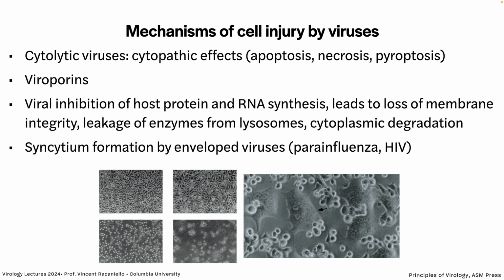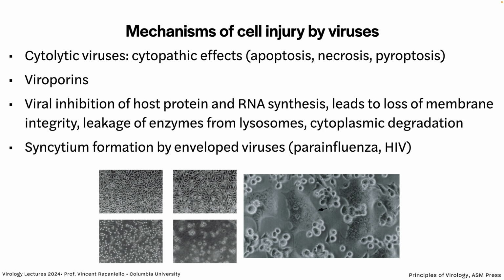Many viruses encode what are called viroporins. These are proteins that insert into the plasma membrane, and then the contents of the cell leak out, so the cell eventually dies. Viruses can inhibit the macromolecular processes of the host, like protein synthesis and RNA synthesis, and this causes the cell to eventually break down.